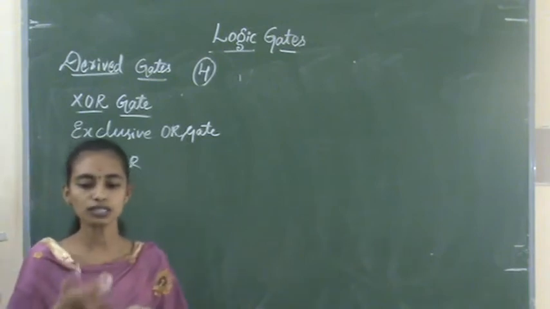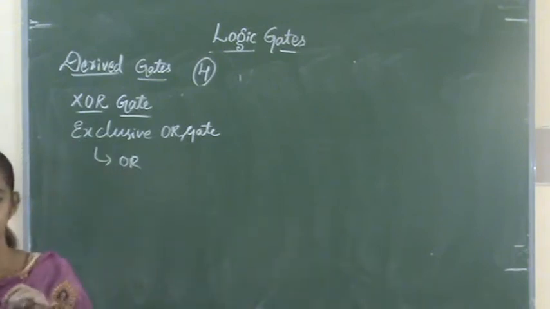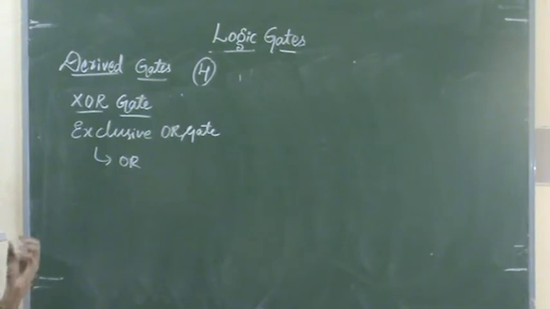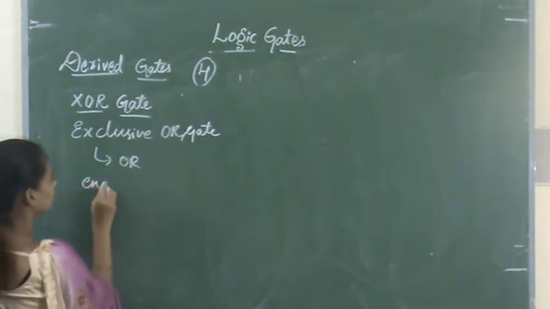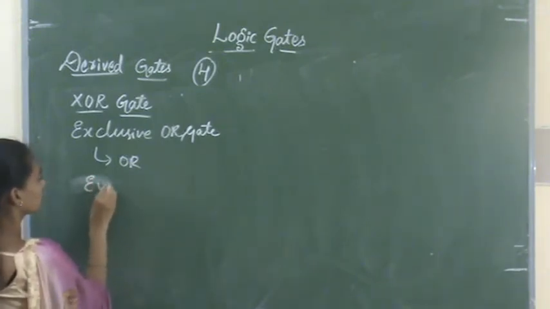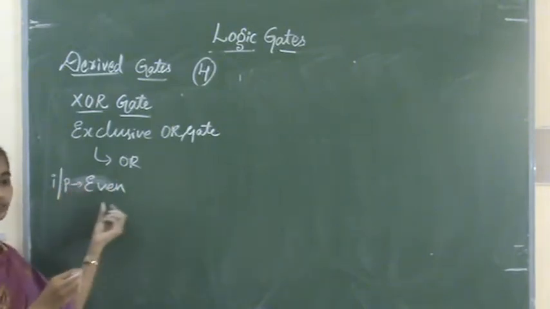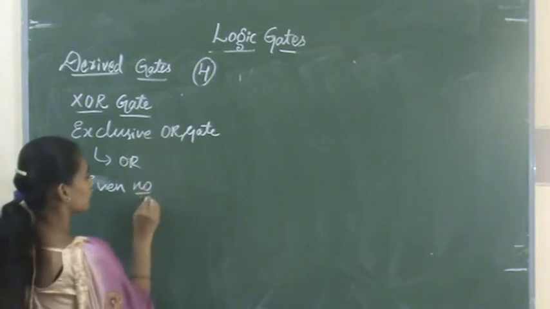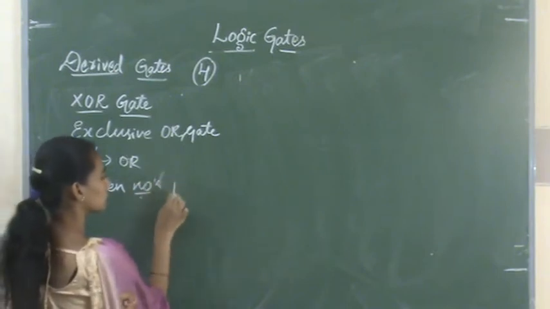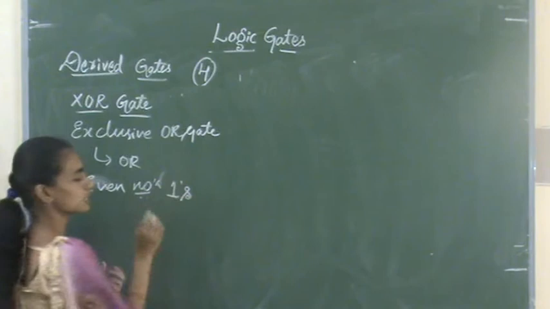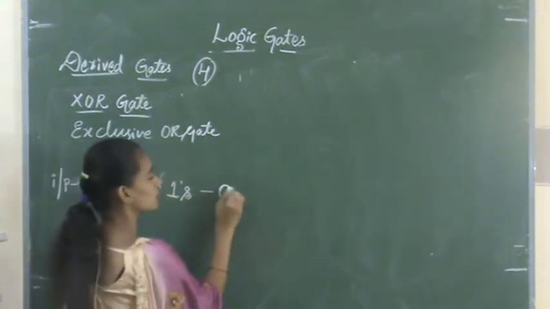So how this works: if the input has an even number of ones, then the output is 0.